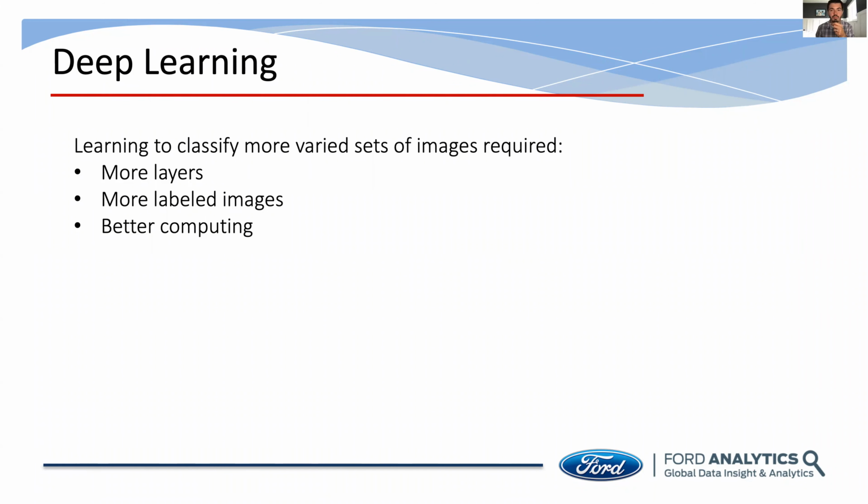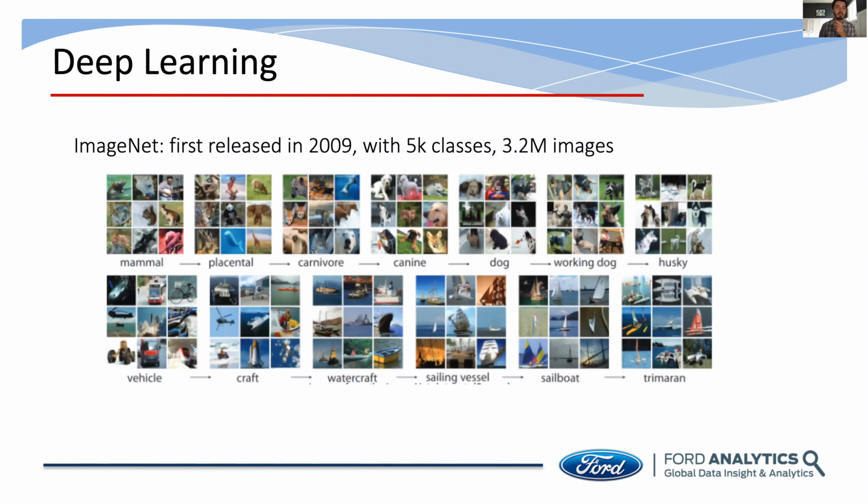So here was a challenge laid out and done so painstakingly a decade ago. So I guess 2009. There was a big, somewhat crowdsourced project to label millions of images. And this created a database known as ImageNet. And it was agreed that this would be the standard data set to use going forward to try to teach computers how to see.